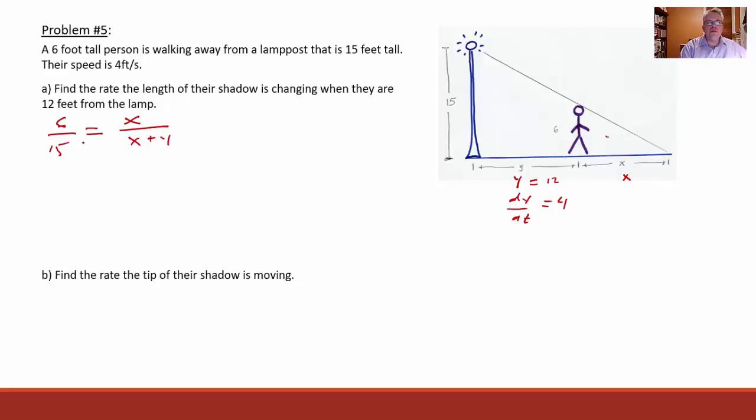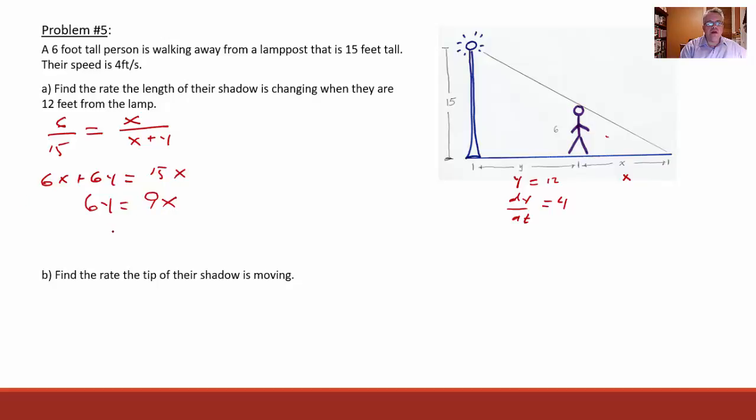Okay, so I'm going to cross multiply. 6 times x plus y would be 6x plus 6y equals 15x. If I subtract 6x from both sides, I get 6y equals 15 minus 6, which is 9x.